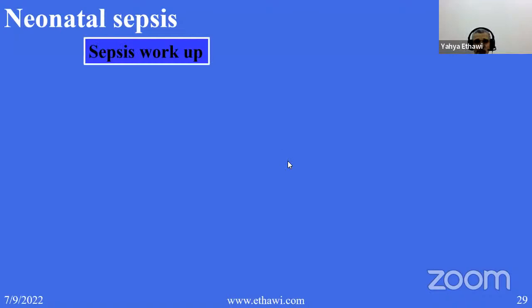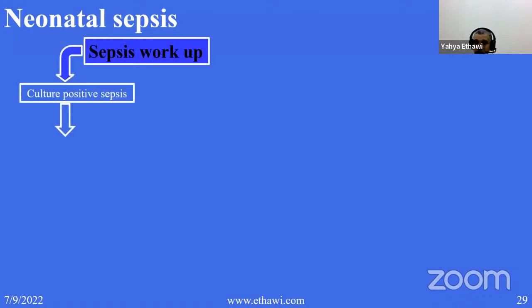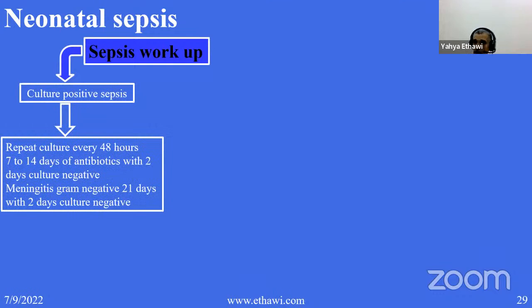Okay, so what does that mean as a flow? So you did sepsis workup, you have culture positive, then you start antibiotics, and then you continue the antibiotics, and then you keep repeating the culture every 48 hours, and you look at your sensitivity, and you continue antibiotics depending on the type of bacteria for the duration specific for that bacteria, and you should have 2 days culture negative.